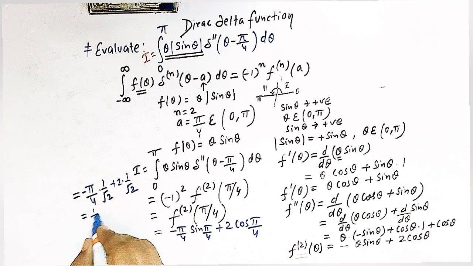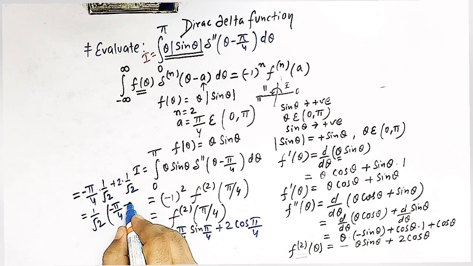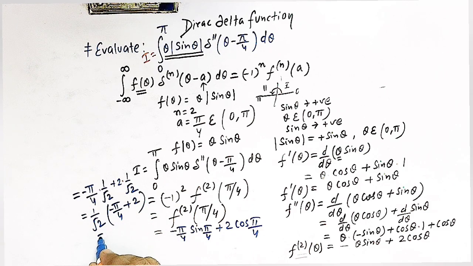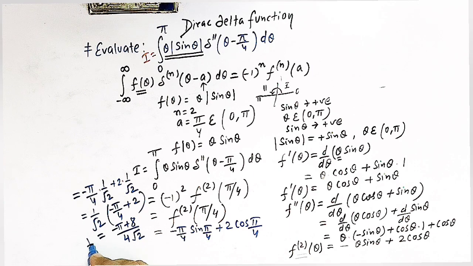Now taking 1 over square root of 2 common, we have minus pi by 4 plus 2, right? So this expression can also be written as minus pi plus 8, 4 times 2 is 8, divided by 4 times square root of 2, right? So the value of this integral is equal to minus pi plus 8 divided by 4 times square root of 2.